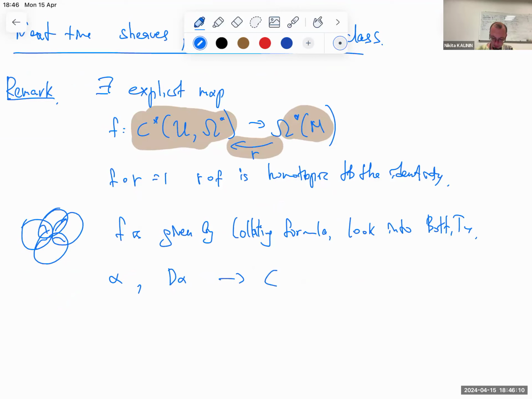So that gives you a certain K-chain in C(U, Ω).